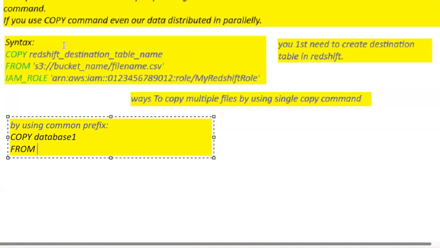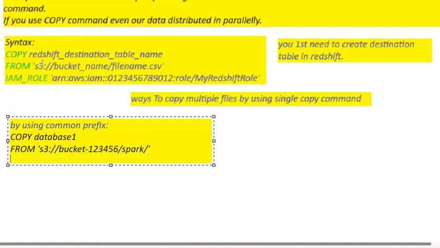That is s3:// and my bucket name is bucket-123456, and within this I have a folder with the name Spark. Within that folder, whatever files I have, I want to copy all those files.